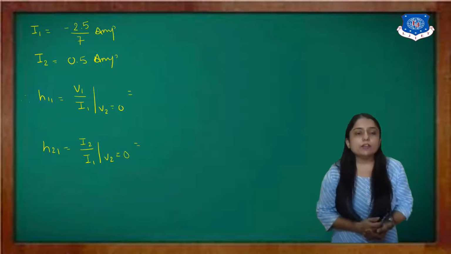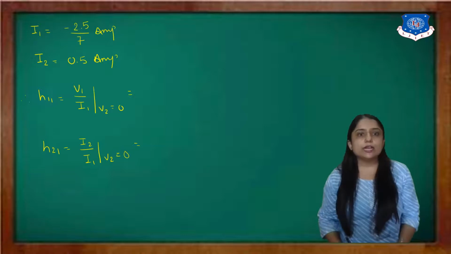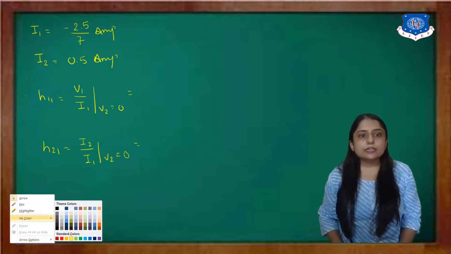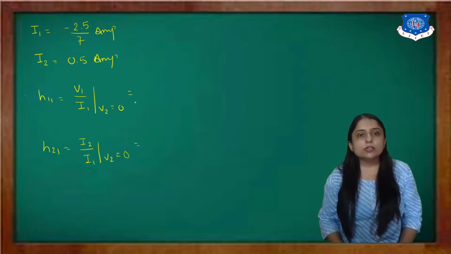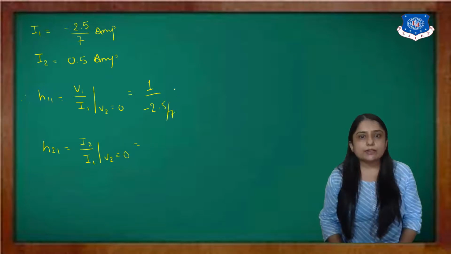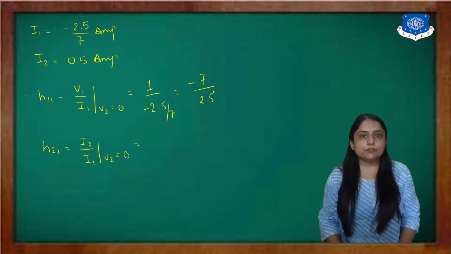Now next, see here we have the value of I1, we have the value of I2. Directly we will find out H11 and H21. The value of V1 equals 1. The value of I1 is minus 2.5 divided by 7. So this will become 7 divided by 2.5.